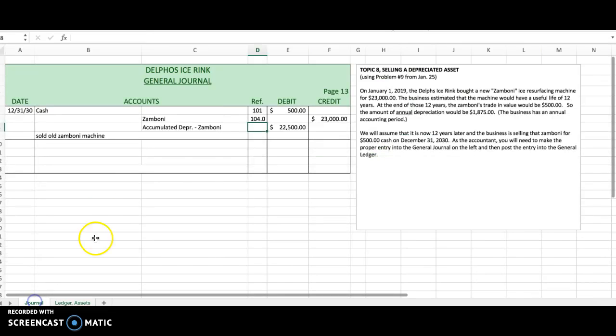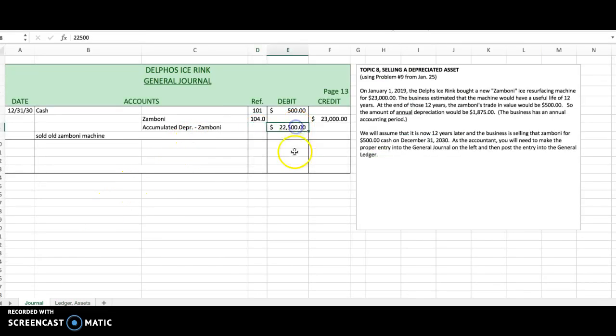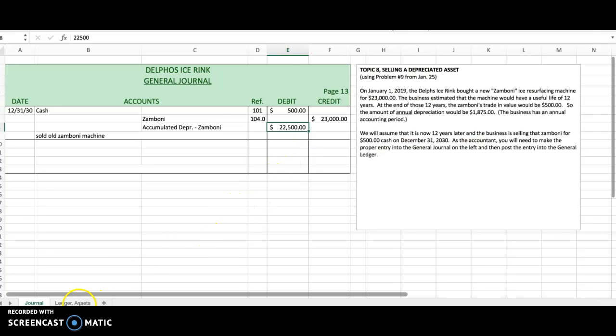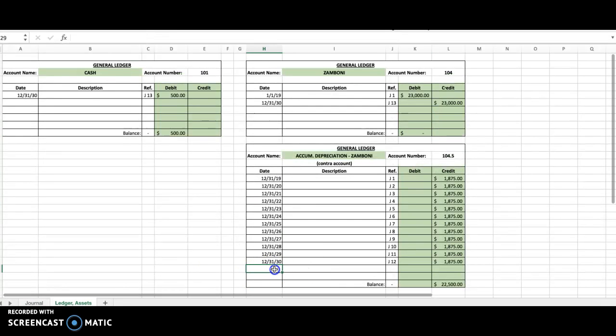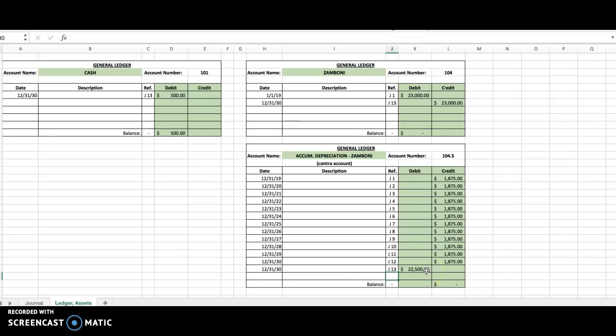And finally, in the journal, we have a debit to accumulated depreciation. Let's post that to that account. So again, the date and the debit as we saw in the journal. And as you see, obviously the accumulated depreciation account for the Zamboni now is 0.